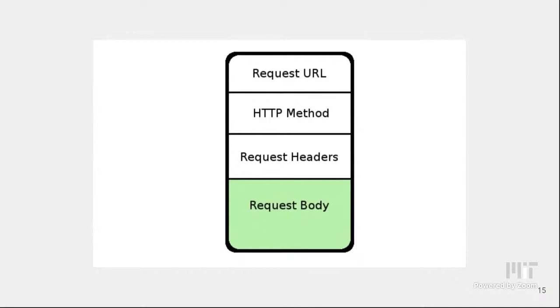And generally, you might also provide a chunk of data with your request. If I wanted to create a new comment or post in Catbook, I need to tell it the actual data of that comment, which will of course go in our request body.